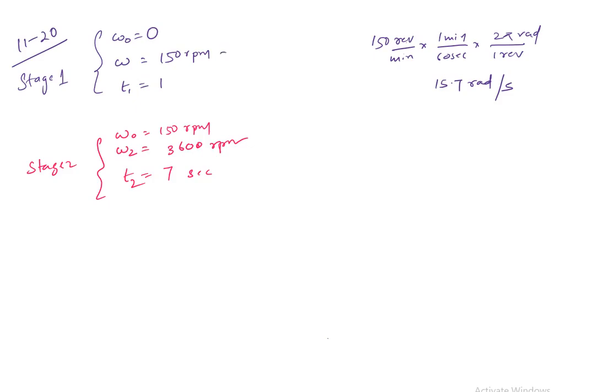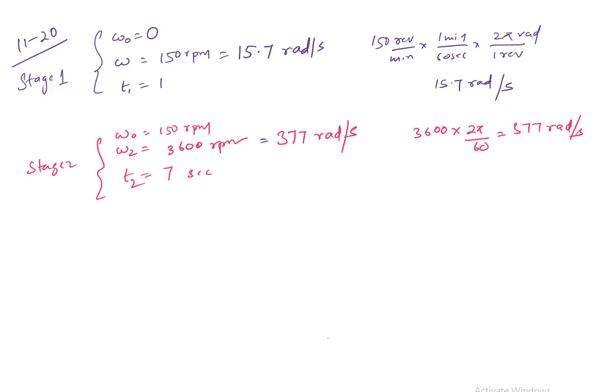Same way for the other one: basically what we're doing is multiplying by 2 pi over 60. That should come to close to 360, so that's actually 377 radians per second. So these are what we're going to use.